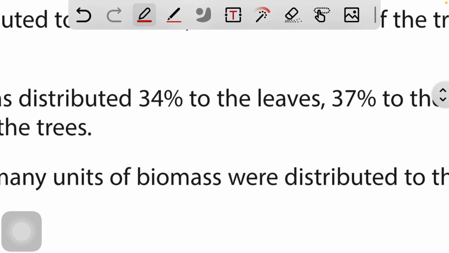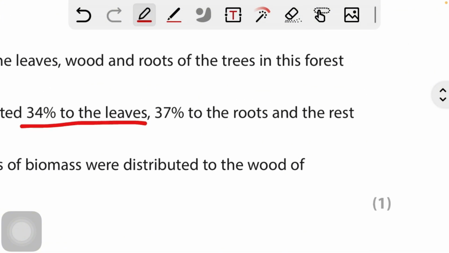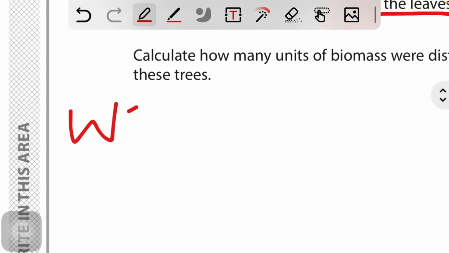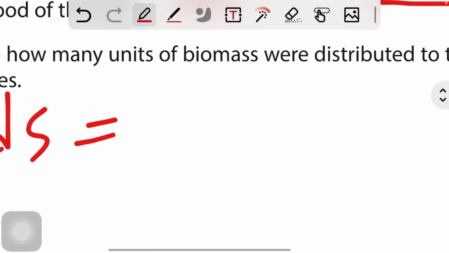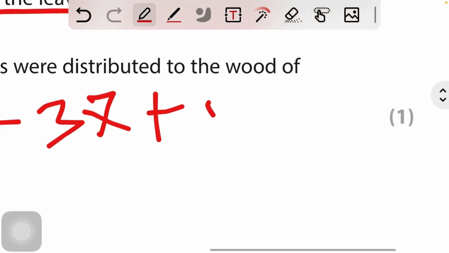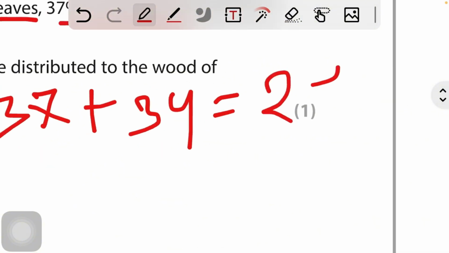Okay, so the question says 34% was distributed to the leaves and 37% was distributed to the roots. So the wood's percentage is 100 minus 37 plus 34, which gives us 29%.